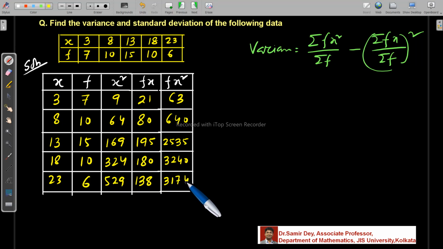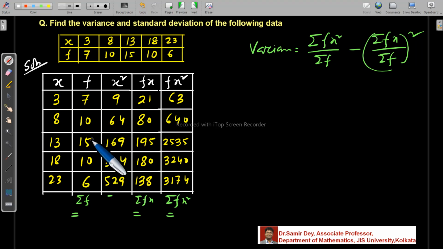Okay, now our requirement is to find summation f, summation fx, summation fx square, correct? Now you calculate how much is coming.